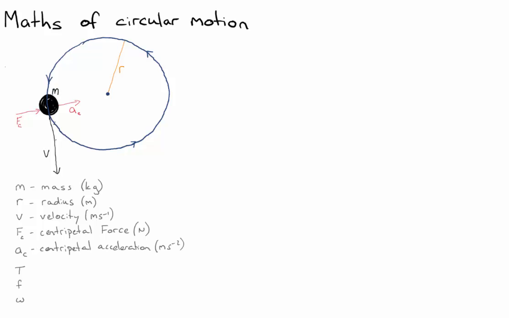And when we have a periodic motion that repeats itself over and over, we can describe the period of that motion, which is the time taken for one cycle and measured in seconds. We also have the frequency of the motion, which is the number of cycles that happen per second, and that is the inverse of the period.